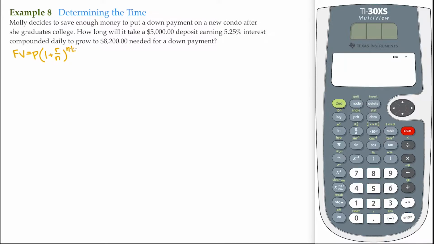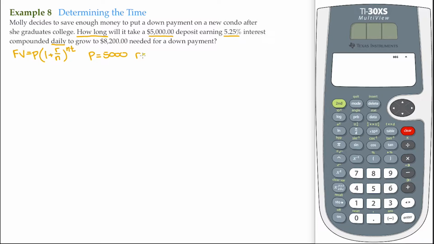So as we read through here, Molly decides to save enough money to put a down payment on a new condo after she graduates college. How long? So we know that we're going to be looking for the time. That's T. How long will it take a $5,000 deposit? That's the initial amount. So that's P. That's 5,000. Earning 5.25% interest compounded daily.